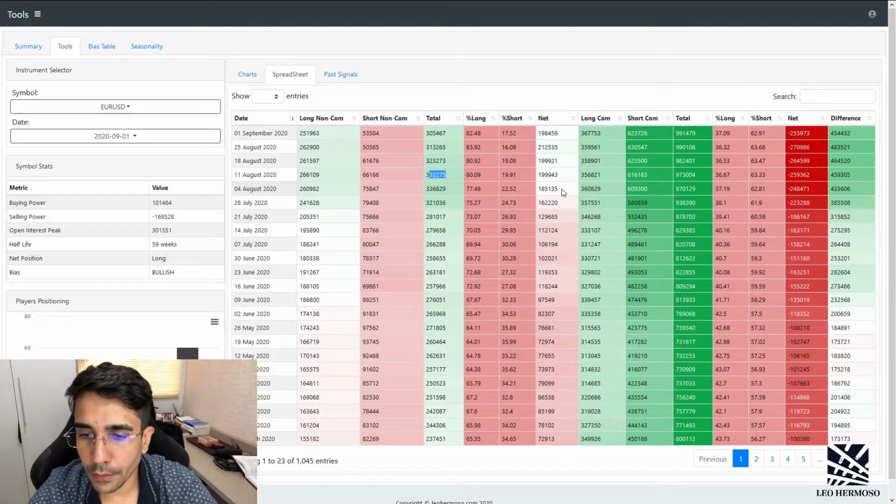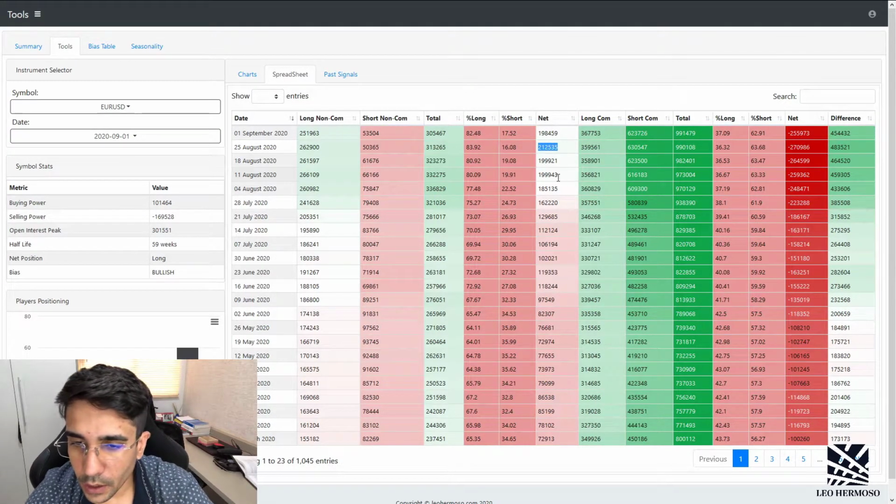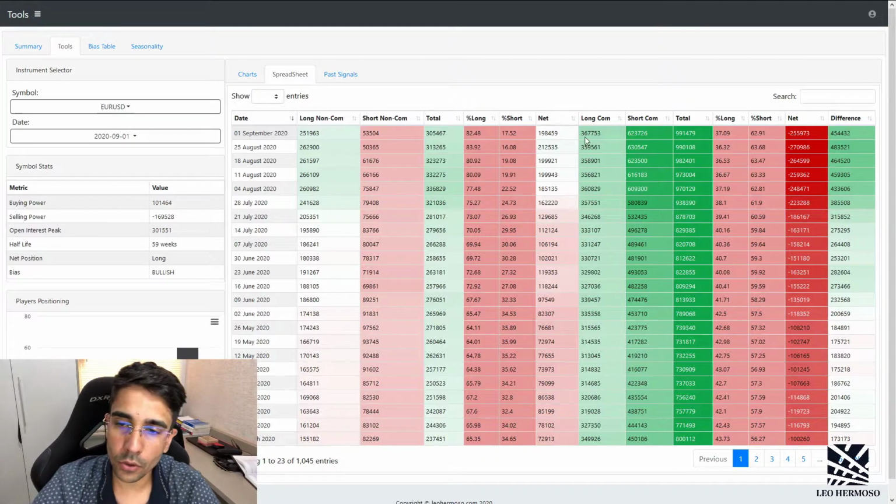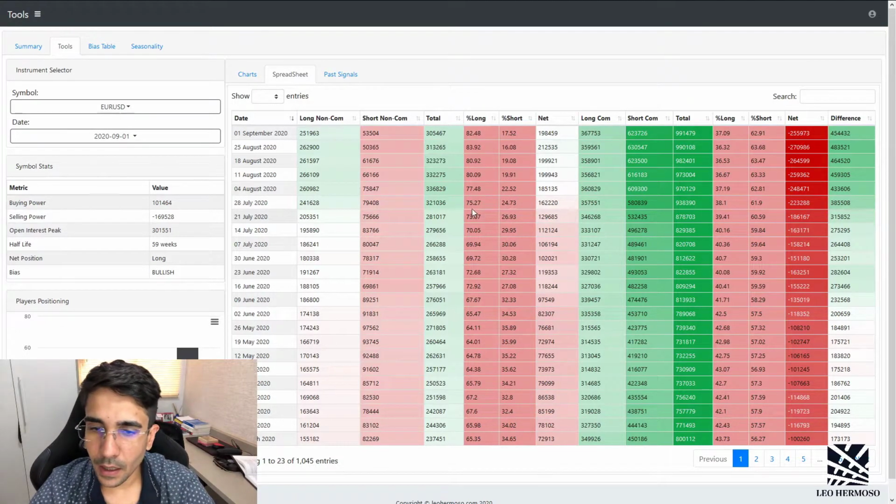And right now, check this. We come from 212,000 contracts to 198,000 contracts. So this is indeed, how can I say, a beautiful top formation.